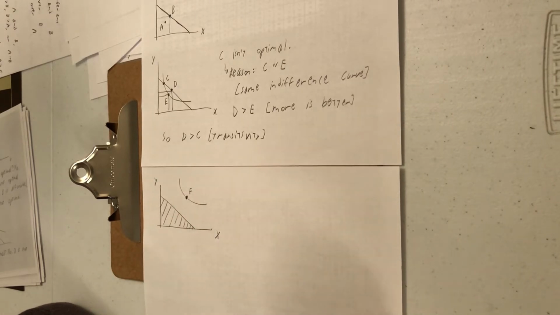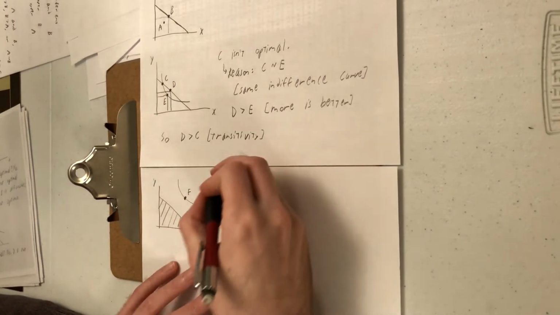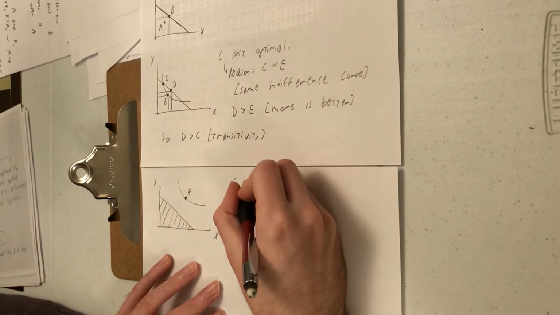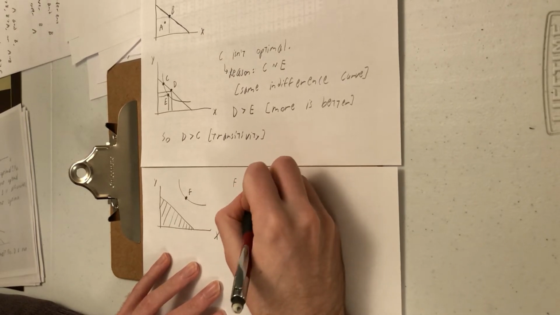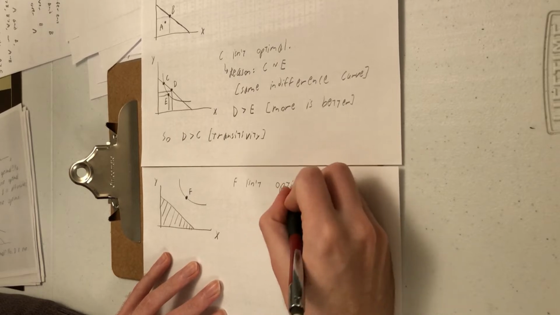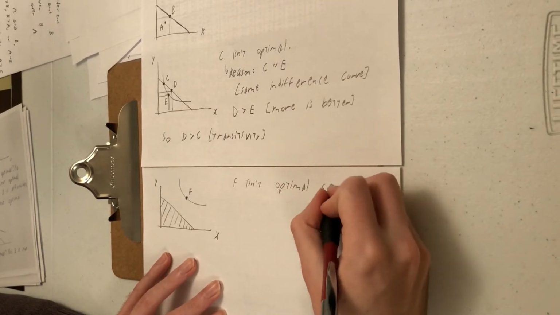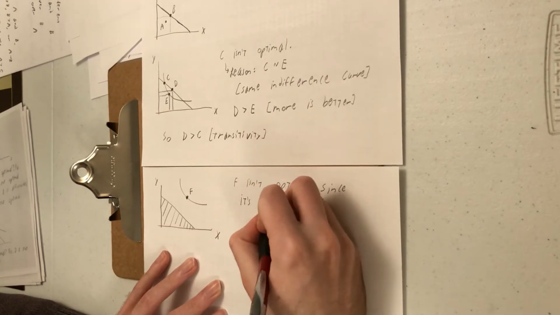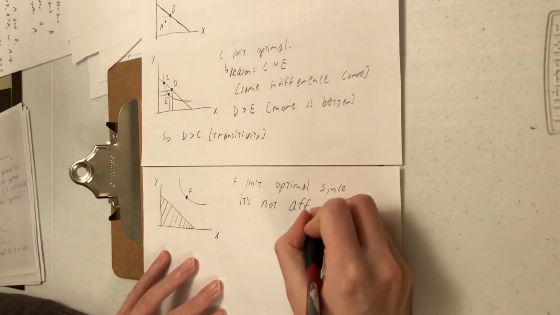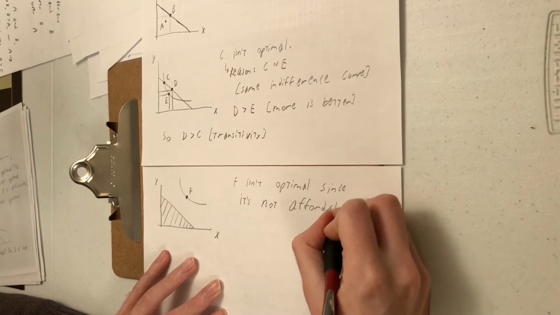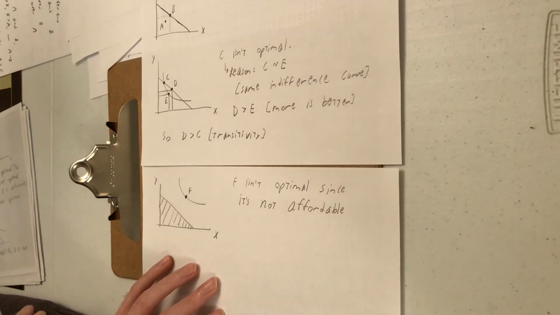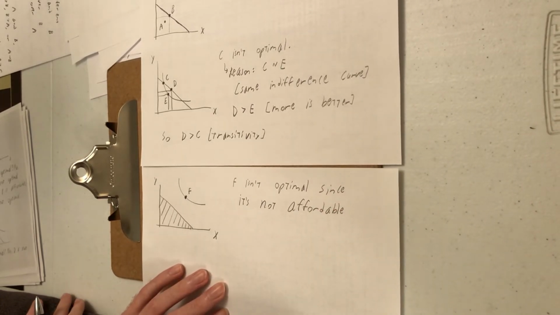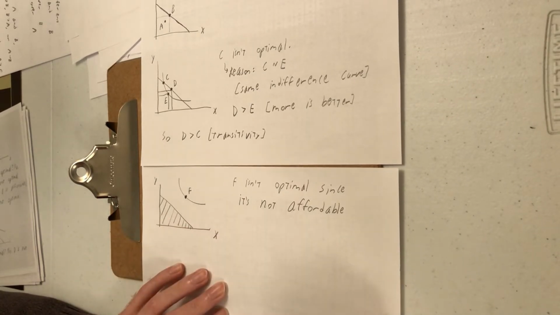F does not meet those criteria. So again, when I talk about optimal consumption, I mean, what's the best thing that I can afford? This, I can't afford.